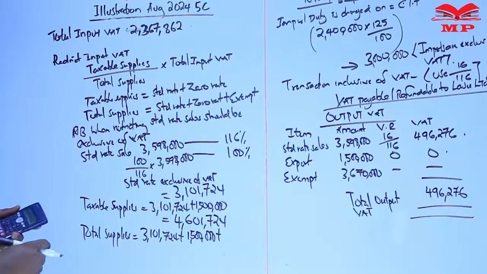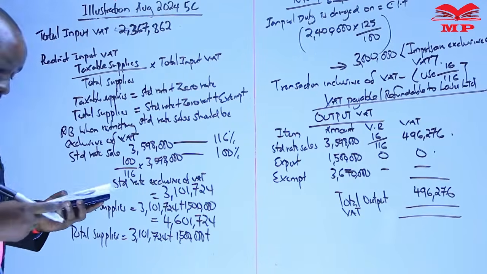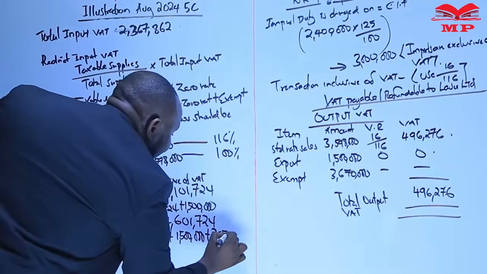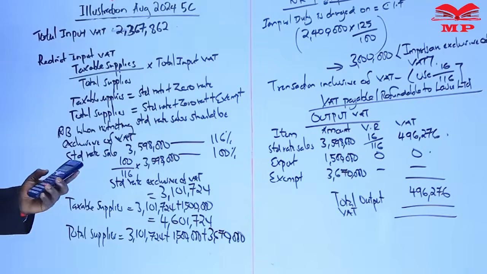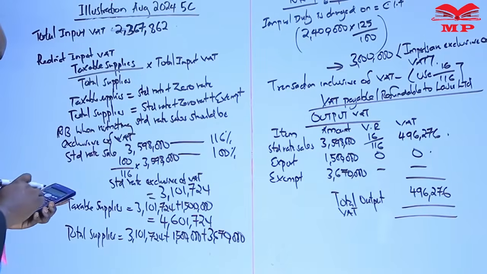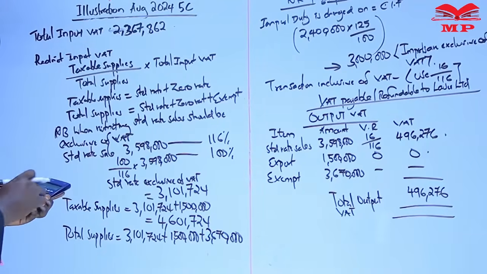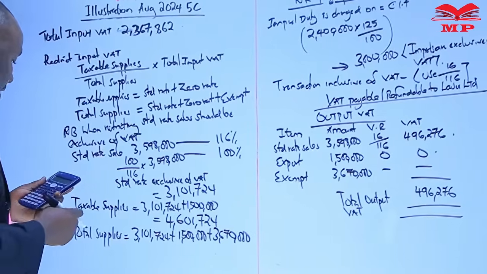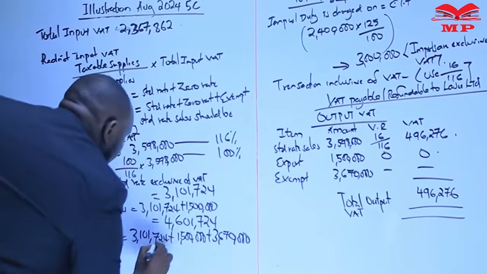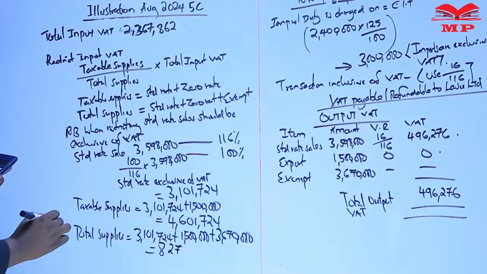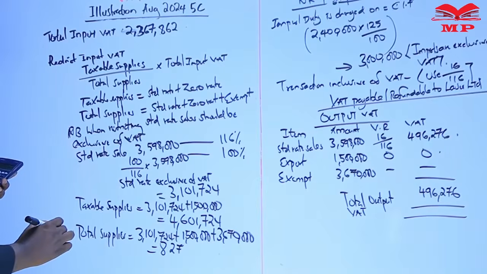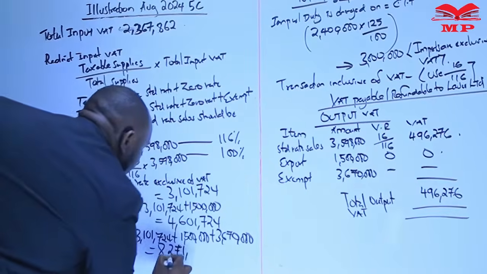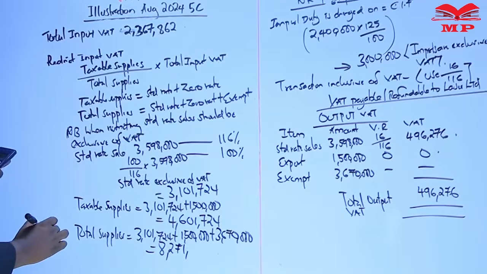Exempt, if you look at that paper, on additional information number 3 is a figure of 3,670. So total supply should be 8,271,724.